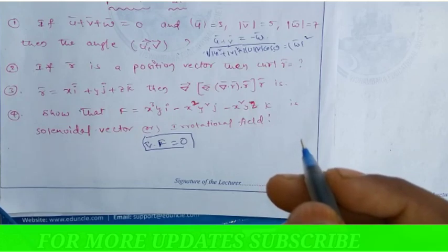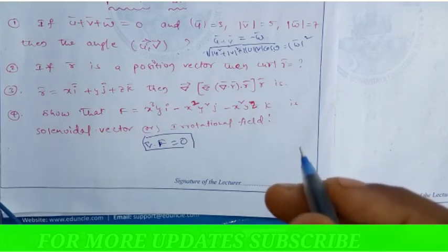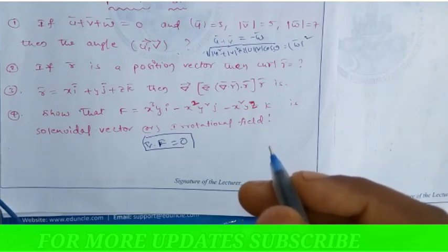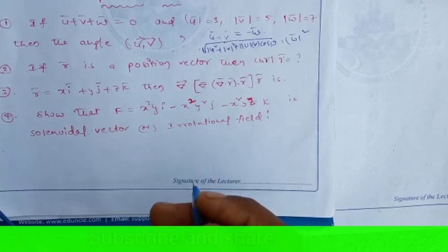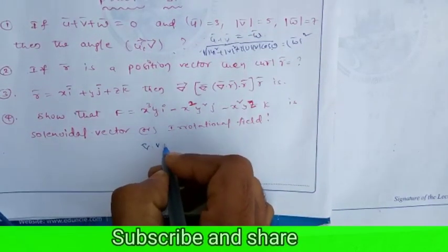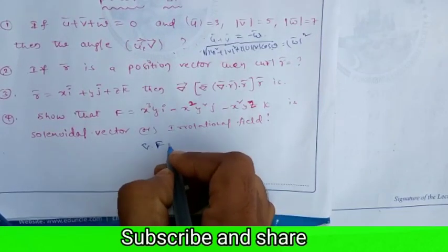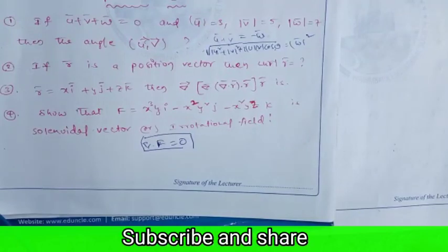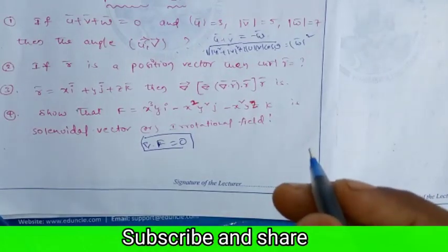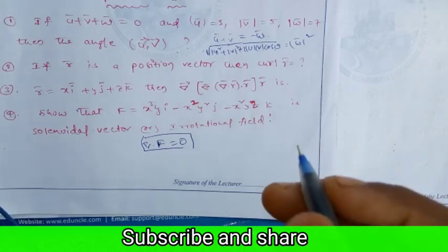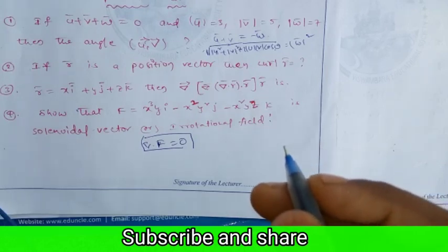Then if it is equal to 0, it is a solenoidal vector, or it is also in a rotational field. Okay, thank you.